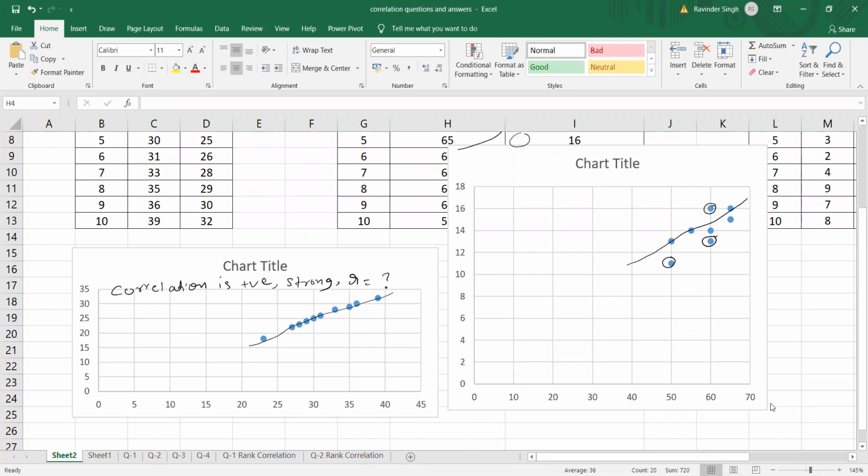In data number 2, the correlation is still positive because it is going in a positive direction, but not that strong. It is a bit weak correlation. But what is the relationship value, that is still unknown to me. I will come back to that point.